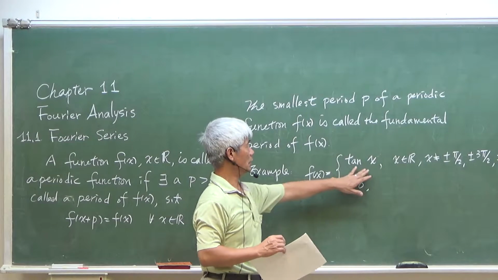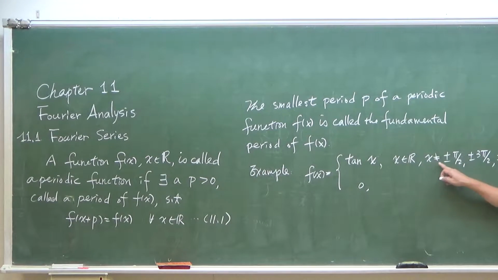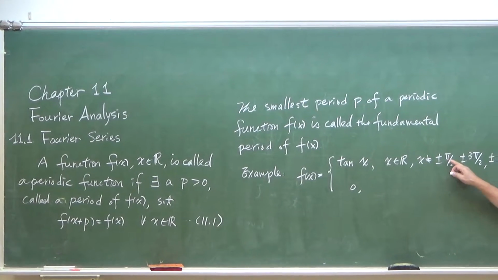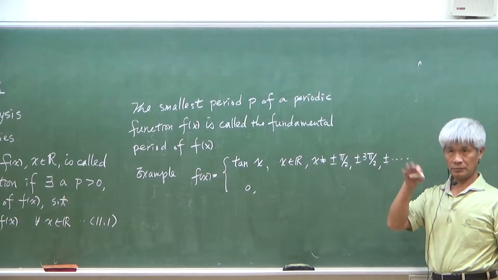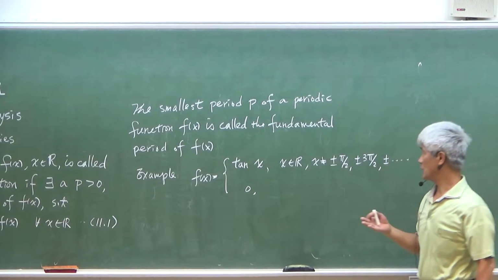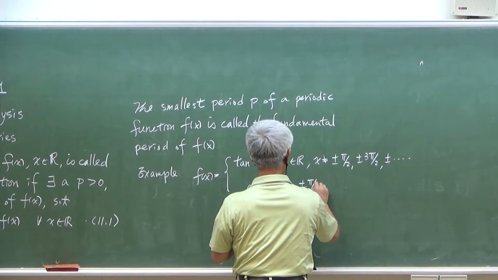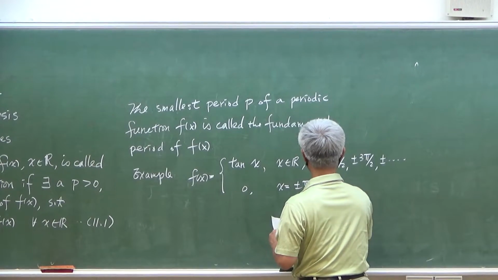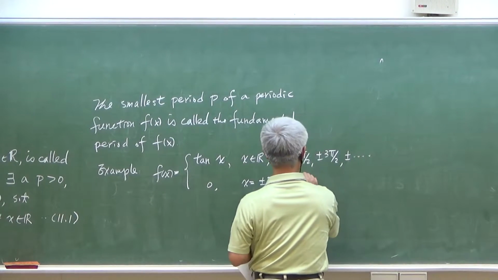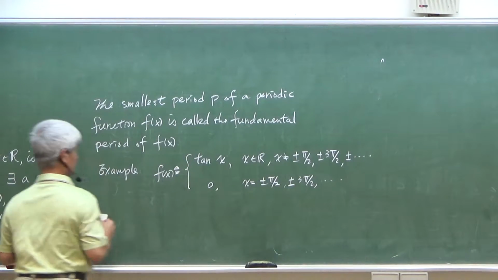But as we know, the tangent function cannot be defined at x equal to an odd multiple of pi over 2. For those points x, we will define the value to be 0.